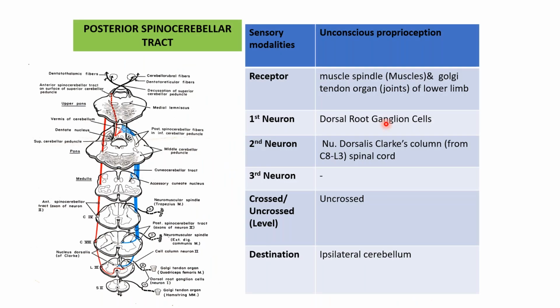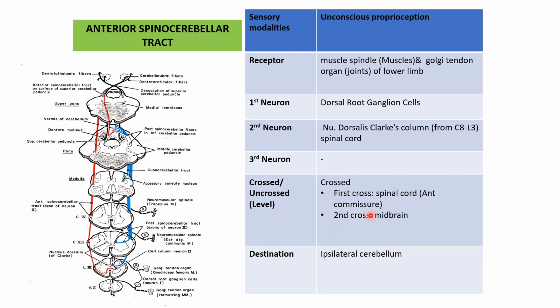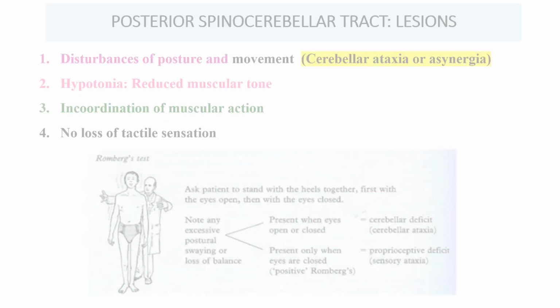Now let us see the same table that we have done with the posterior column. This is how they are. The posterior spinocerebellar tract you will learn in this same fashion. And for the anterior spinocerebellar, when you are saying it is crossed, you will mention at what level the crossing is taking place: the anterior commissure in the spinal cord, and the second cross at the level of the midbrain.